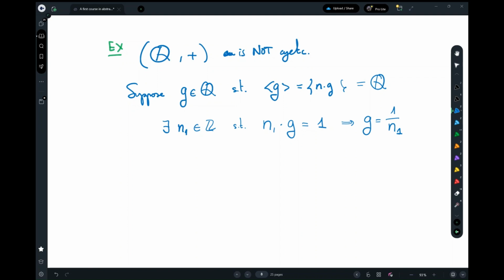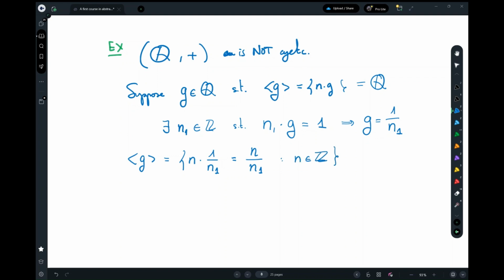But then how can that possibly be? But you see now what would be the subgroup? It would be all the multiples of this fixed rational number 1 over n1, which is n over n1 as n runs over the integers.